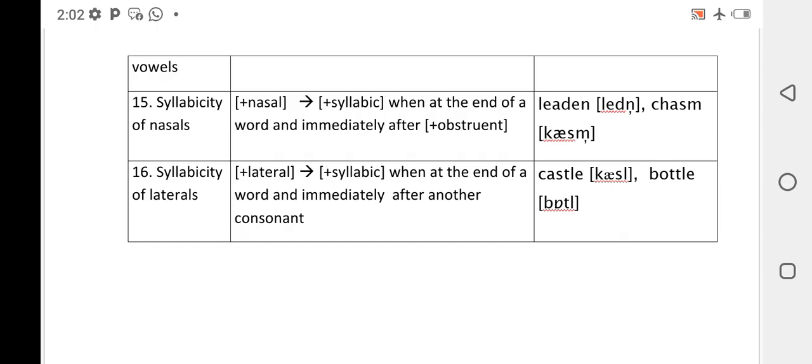Now we have syllabicity of laterals. So we have the lateral sound. The lateral sound is l. Okay, it becomes plus syllabic. It takes the syllabic quality when at the end of a word and immediately after another consonant.